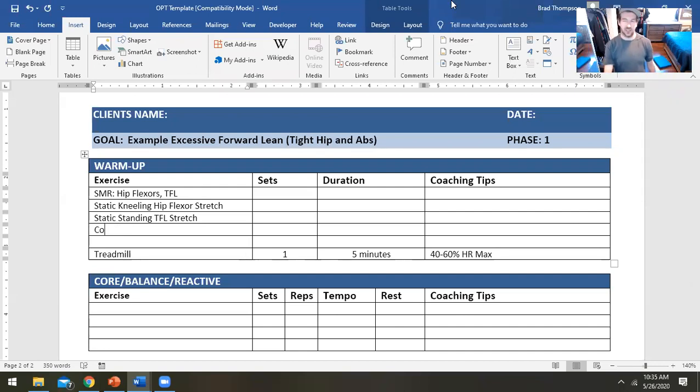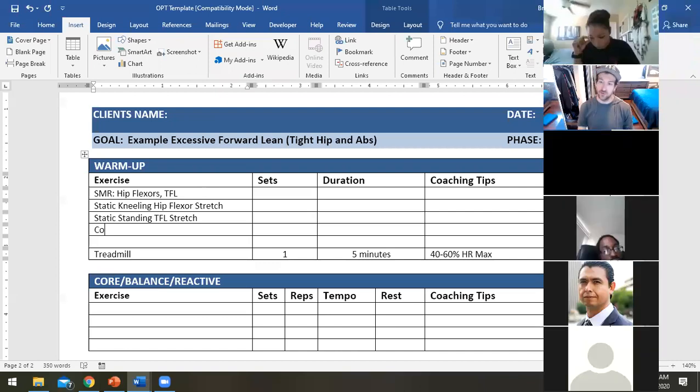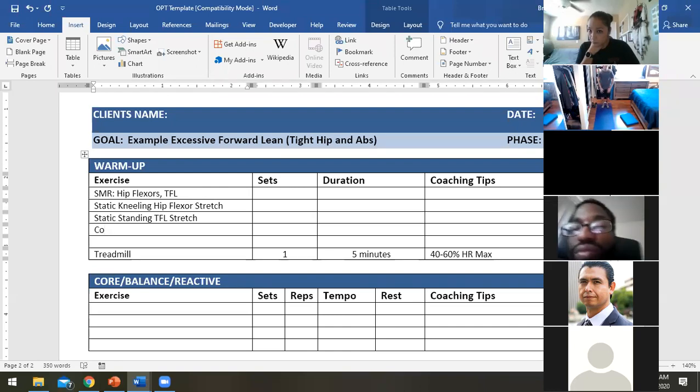And I like the Cobra stretch. I do. I'm not opposed to it. However, I actually think that Cobra is a little advanced for some beginner clients. So I'm going to put Cobra, by the way, as our example. But the difference between Cobra and another stretch called Sphinx pose is just a little bit of body positioning. And I think you can get a lot of really good rectus abdominis stretch with Sphinx pose.